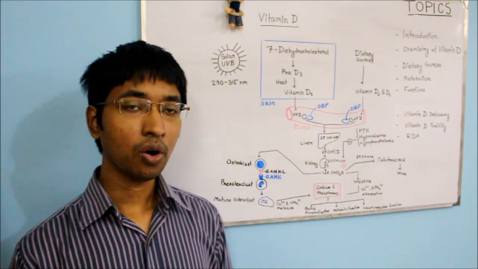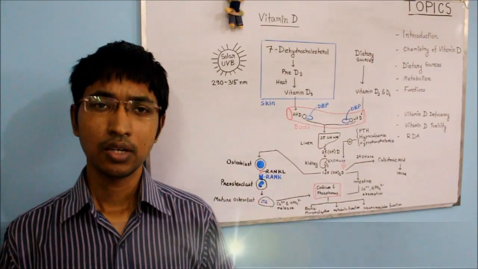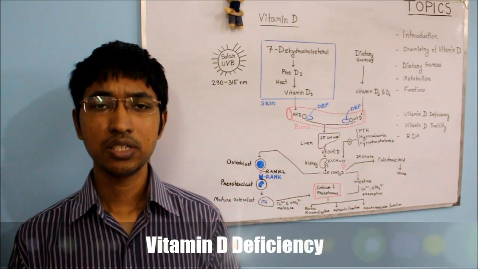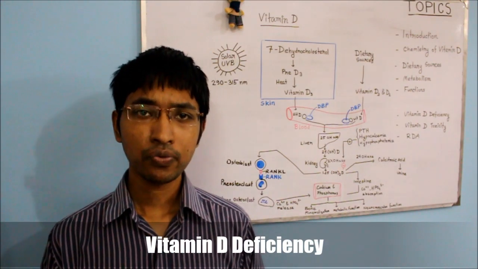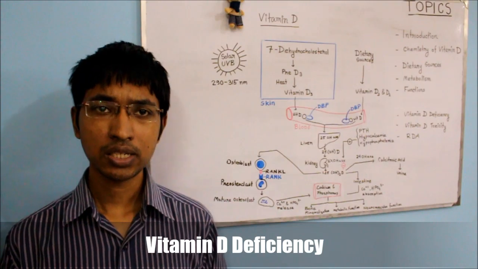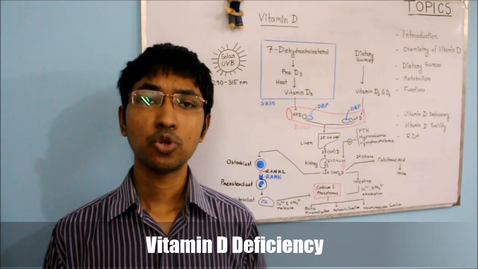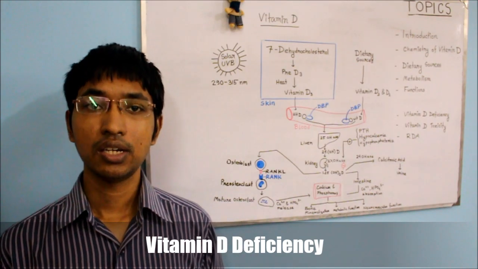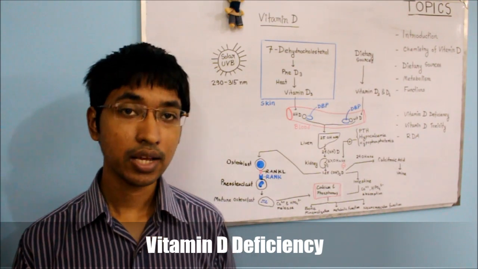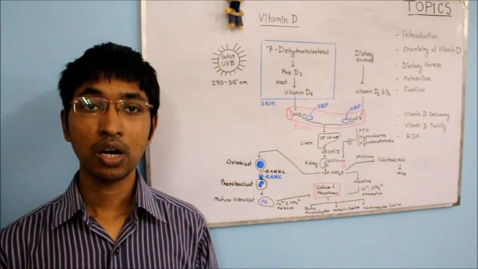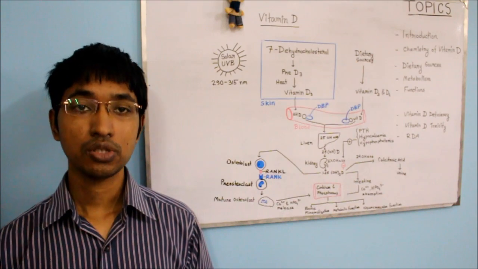And now we will move on and talk about vitamin D deficiency. So how can we define vitamin D deficiency? Always remember the normal reference range of circulating 25-hydroxy vitamin D is from 20 to 100 nanogram per milliliter, and whenever the level is less than 20 nanogram per milliliter, that is known as vitamin D deficiency.